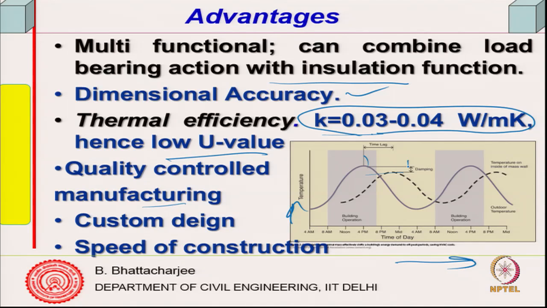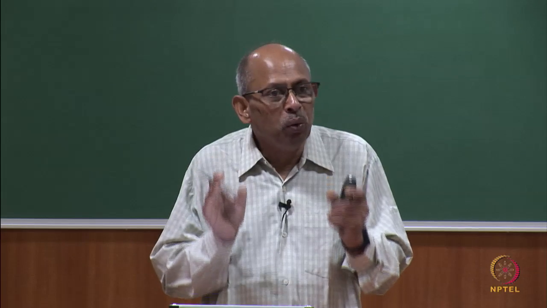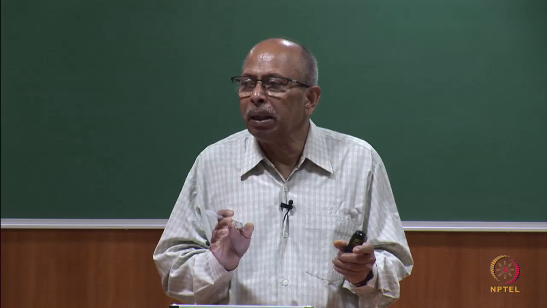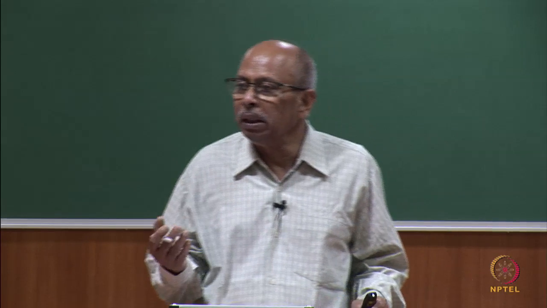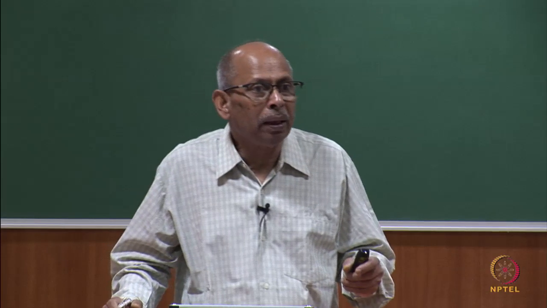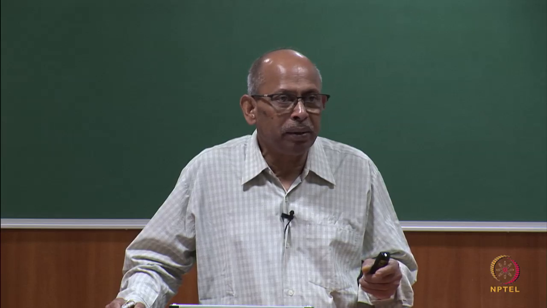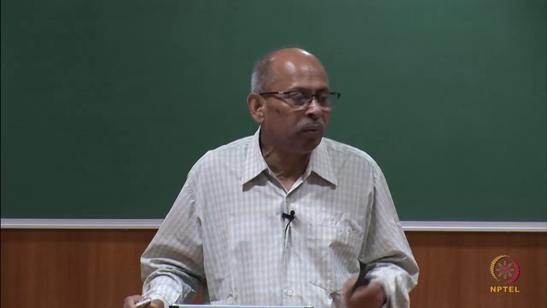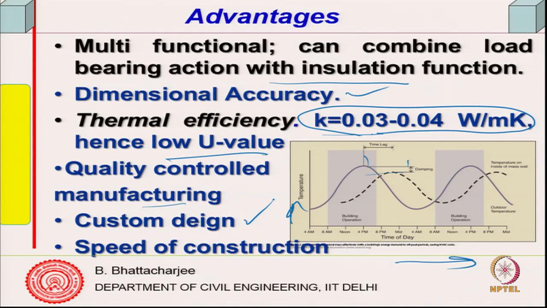So, I can design this system to get the right kind of U value and the right kind of time lag and decrement if I want, because in case of warm humid climate I may not need that much time lag, while in case of desert type of climate I might need a good lot of time lag, because diurnal variation of temperature is very high and I can custom design the system.